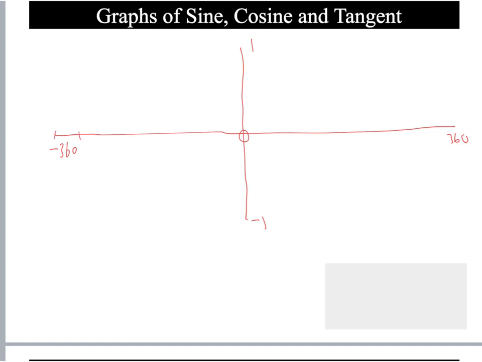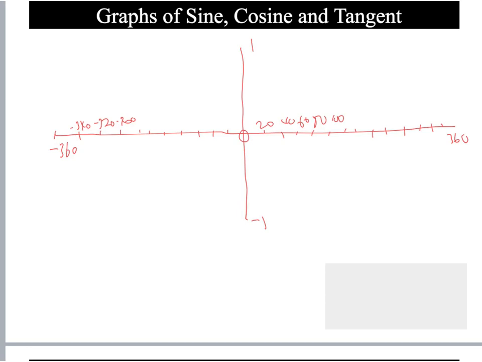So you're going to have -360, -340, -320, -300, and so on. And then going up, you have 20, 40, 60, 80, 100, and so on.